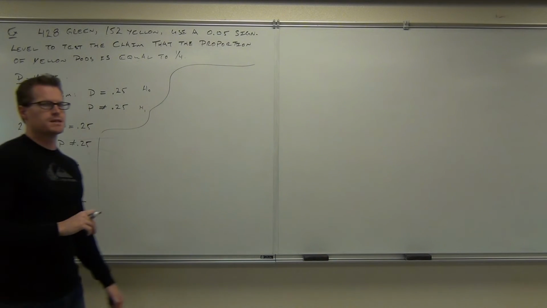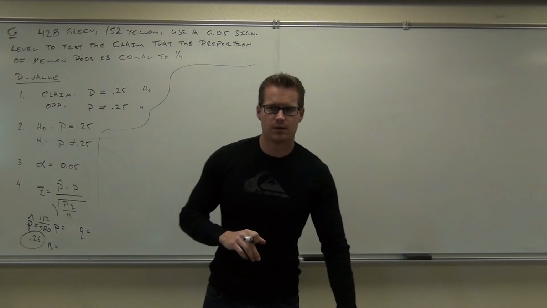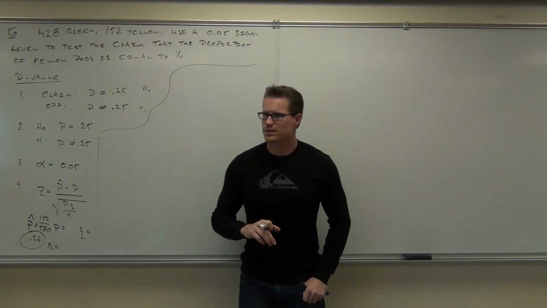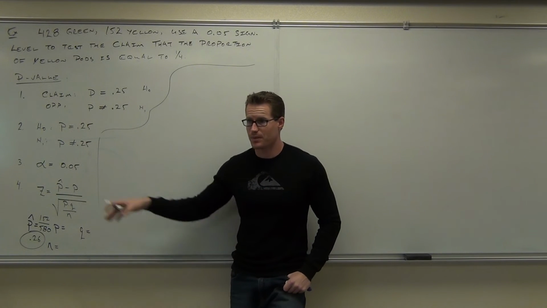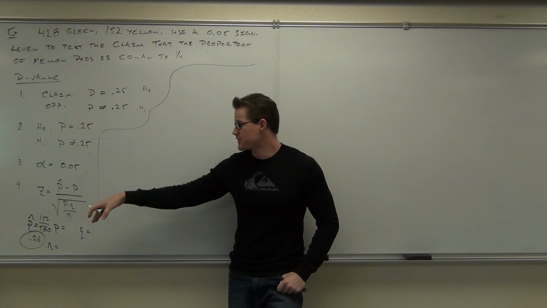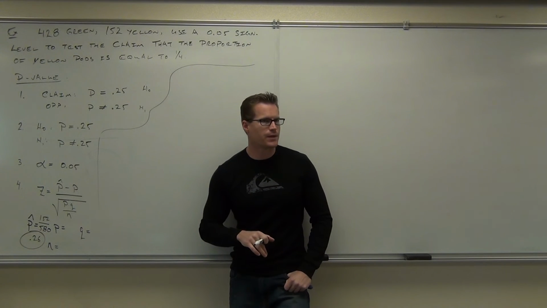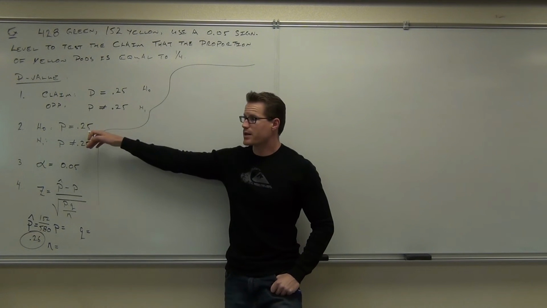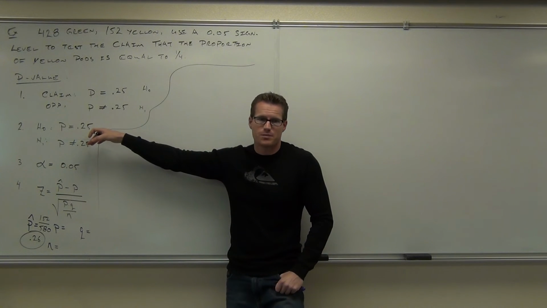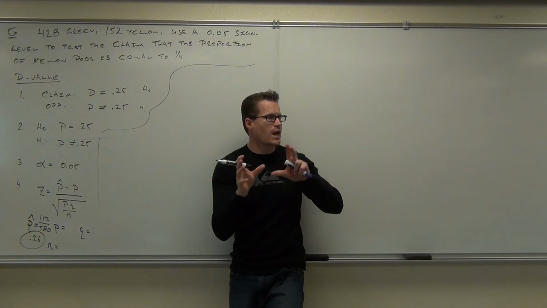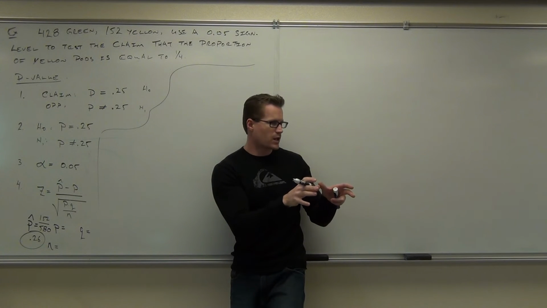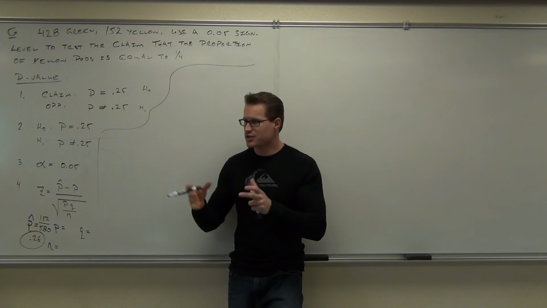Where do we find our p? Where's that come from? I can't afford to have you get lost right now. I mean, p hat, that's not too bad, we just do our division problem. Where do we find our p? Where's that stated? That's actually right here. We always look there. That's why we use the equal sign. Whatever parameter we're looking at, mean or proportion in this case, it's going to be equal to something.